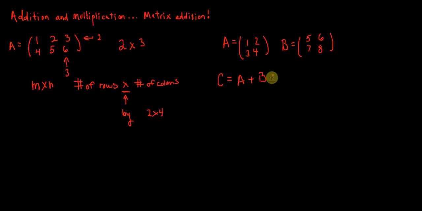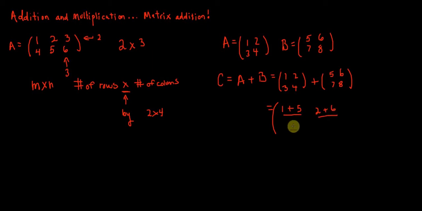A plus B is equal to the matrix 1, 2, 3, 4 plus the matrix 5, 6, 7, 8, which is equal to 1 plus 5 in our first position, 2 plus 6 in our second position, 3 plus 7 in our third position, and 4 plus 8 in our last position, which is equal to 6, 8, 10, 12. And that's how you find C.